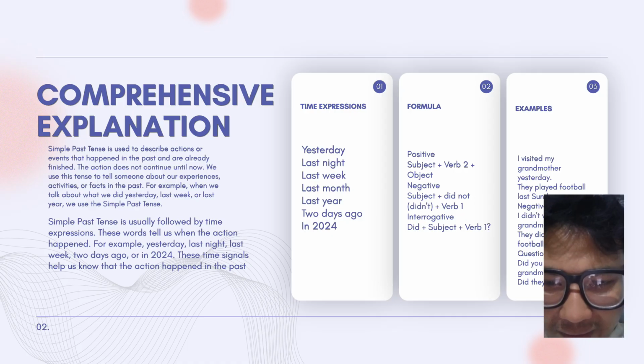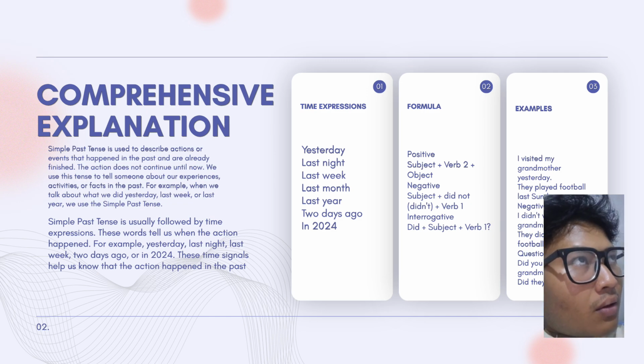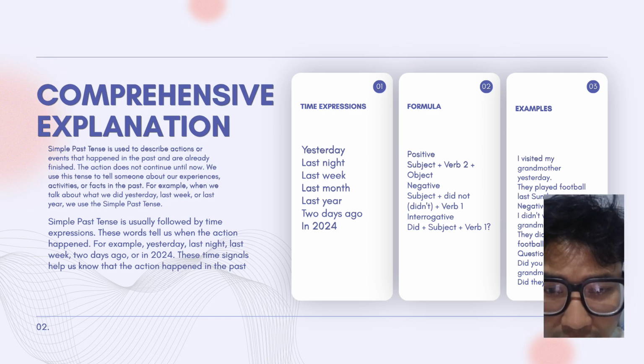Like I said before, if you already write about a past sentence, you use the verb 1 after did. Did you eat pizza? Nah, this is right. Okay, let's move to the next slide.